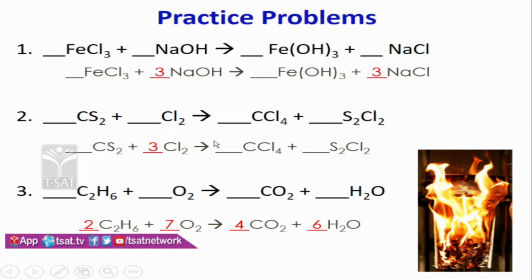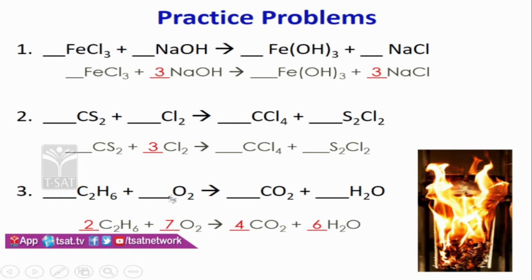In some reactions, a smaller number of coefficients will be needed. We need not put all the coefficients together. Just by the trial and error method, we have to solve such problems. It is another example. See, all the 4 coefficients are mandatory here.